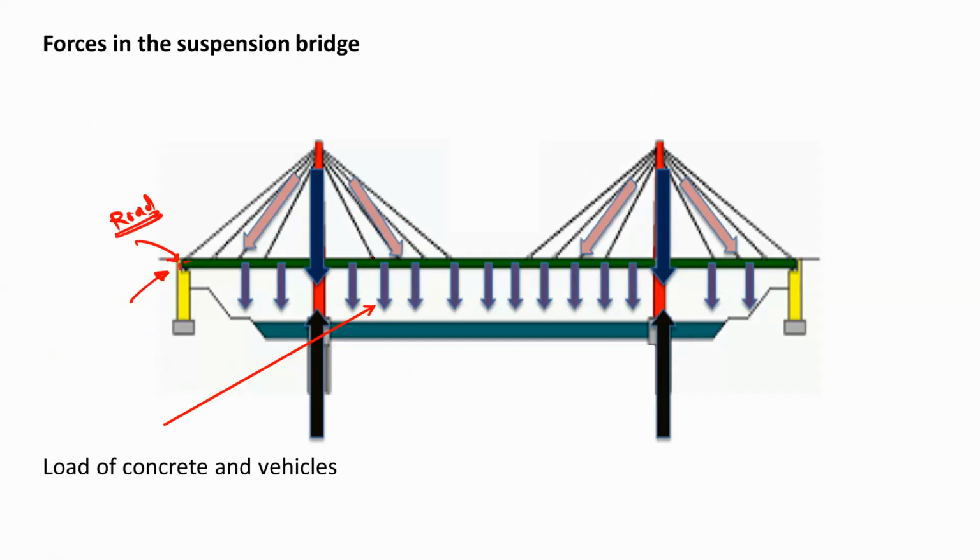Okay, so this will apply parallel forces like this on that suspension bridge. So basically this parallel force is nothing but the weight of that cement concrete. So this is one example for the parallel force system.